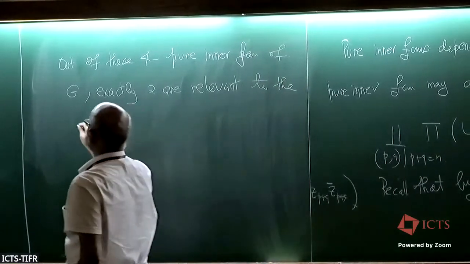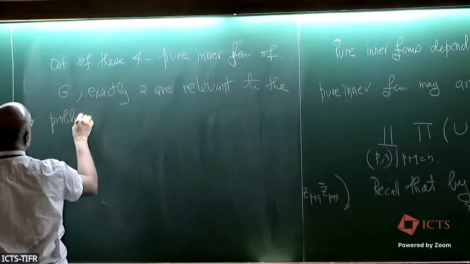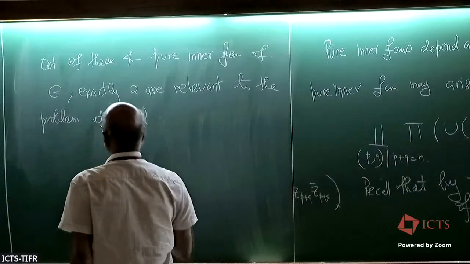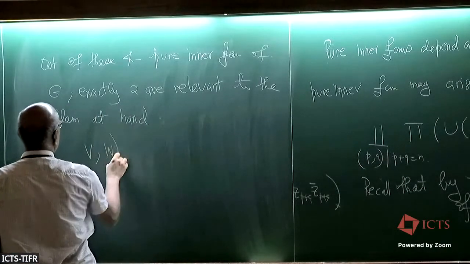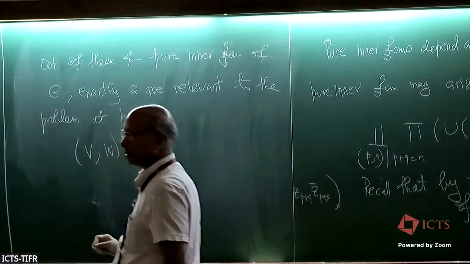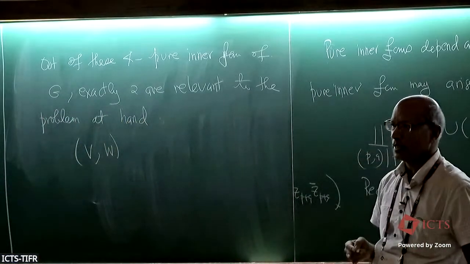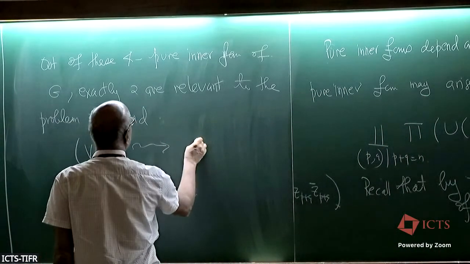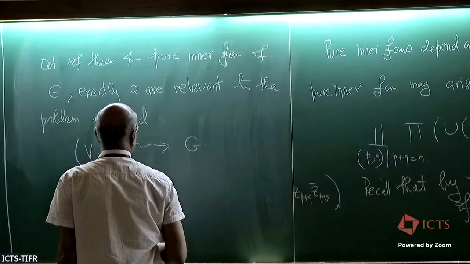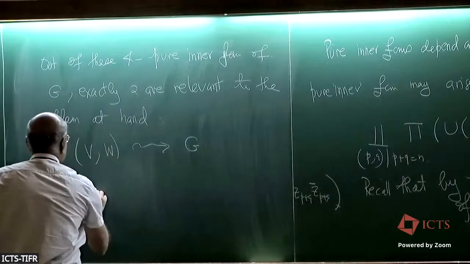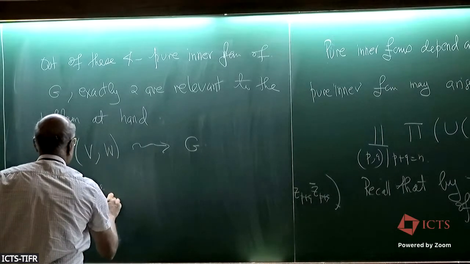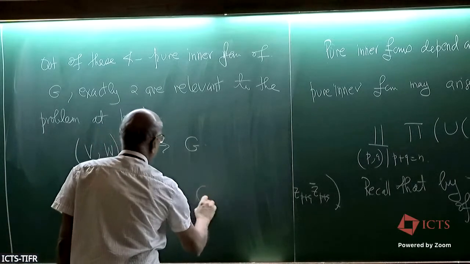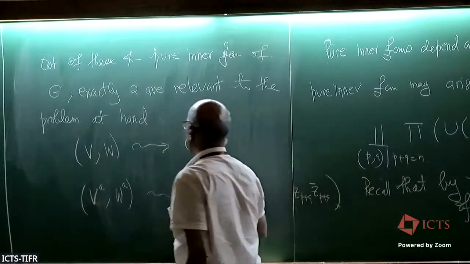So we have begun with a pair of quadratic spaces V, W, which we are assuming is a quasi-split pair. And then this defines a group G. And then there is another one, maybe we call it V_A, W_A. And that will define another pure inner form which is relevant.